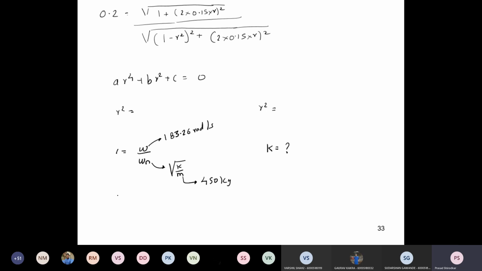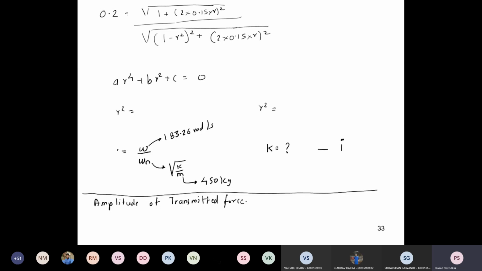So this is the first part of the question. Now the second part of the question: you have to find out the amplitude of transmitted force.